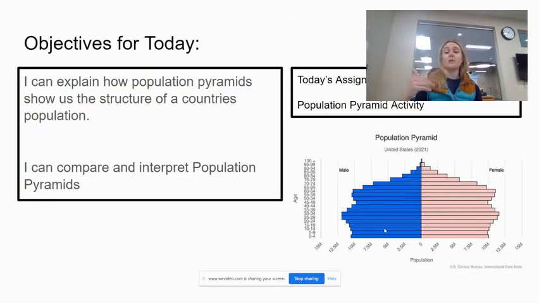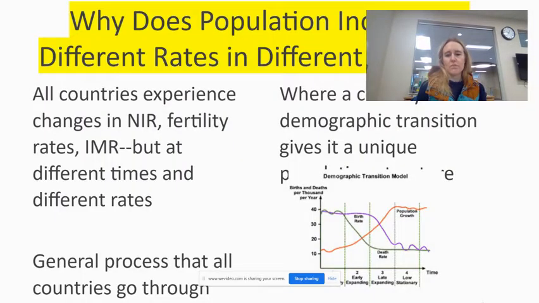Essentially, a population pyramid is a bar graph that has been turned over on its side to show every single person that is included in the population of the country. I'll show you a little bit about how this is done, as well as talk about what the different shapes of population pyramids tell us about the structure of a country.